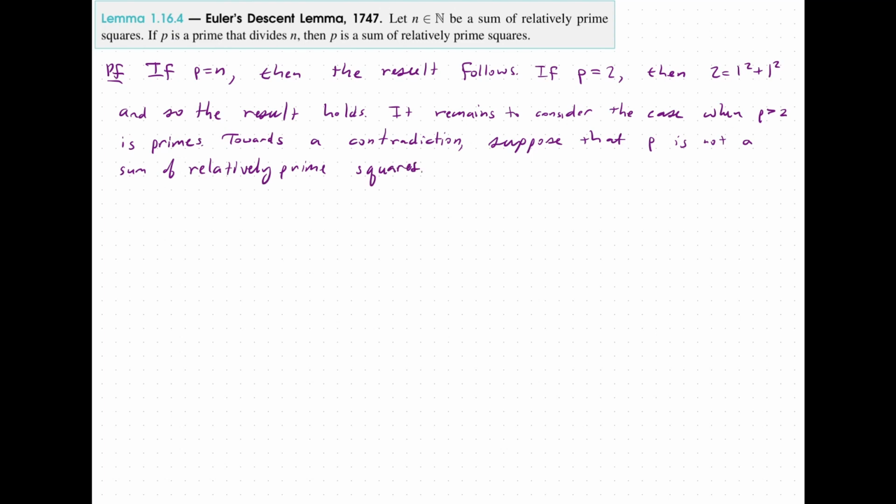And so this is going to be our contradiction assumption. So with this assumption, now we're going to go ahead and construct a set. So now let S be the following.